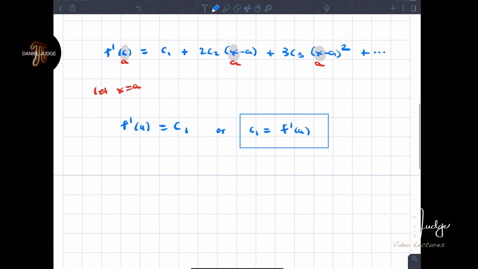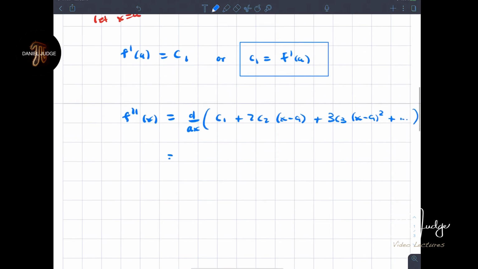We're going to do this again now. So if I say to you, we're now going to take the second derivative. What you see here is, again, d/dx now of c1 plus 2c2 x minus a plus 3c3 x minus a squared, and so on.